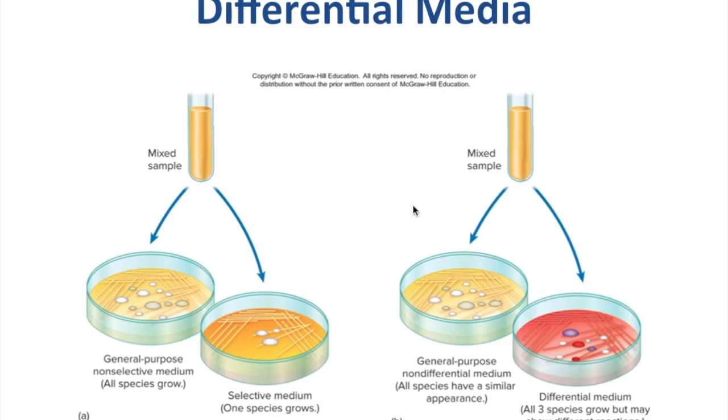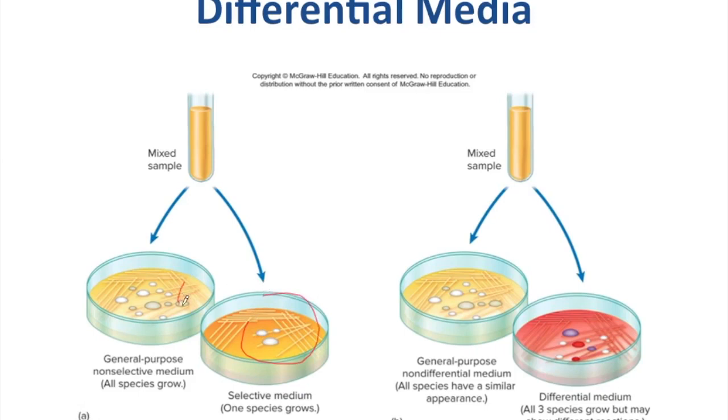As we can see in this diagram, this is selective media. If we add certain chemicals or reagents, those reagents will kill the unwanted microorganisms. Finally, we only get the microorganism that we want to grow.